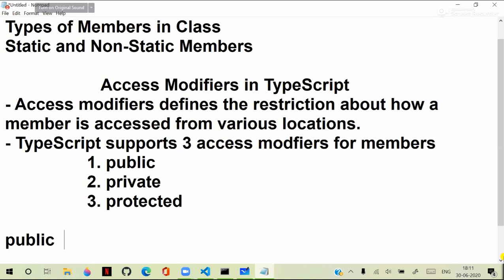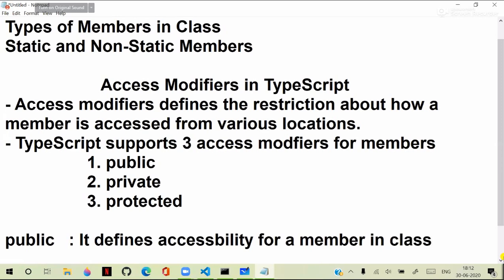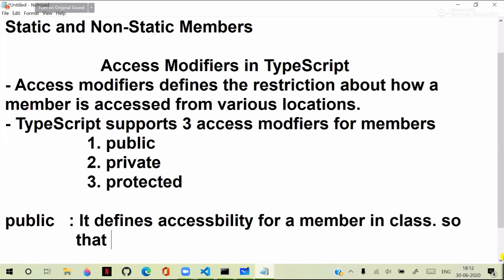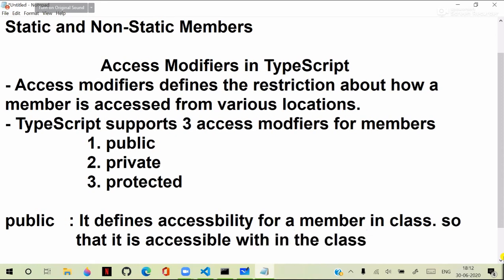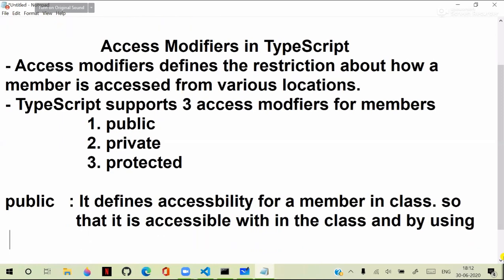Public is nothing but it defines accessibility for a member in a class, so that it is accessible within the class, and by using an object of the class, from any location.